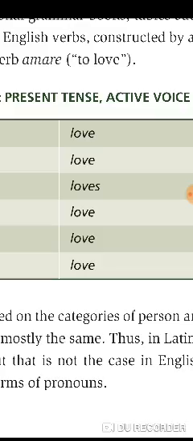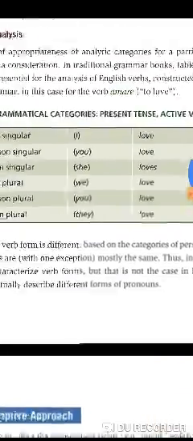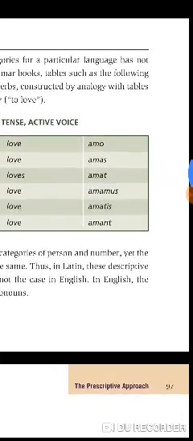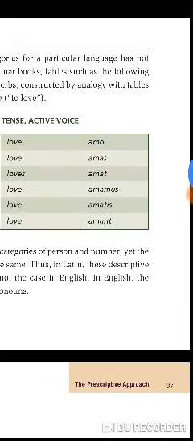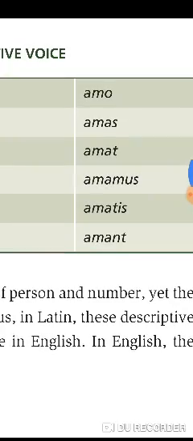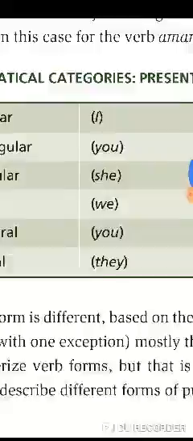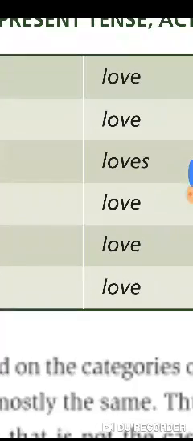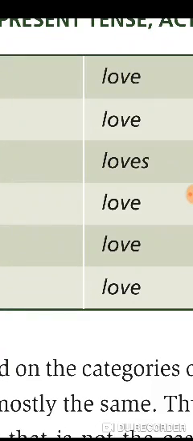So, while the grammar of a language like Arabic, like Farsi, and like Latin needs this kind of grammatical explanation, a language like English does not need these kinds of explanations. We simply say that with the third person singular, we add s or es.